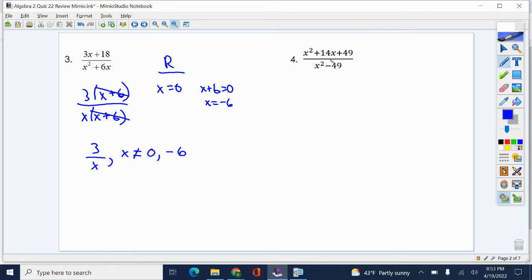The next one, numbers that multiply to 49 that add to 14 are 7 and 7. So x plus 7 and x plus 7. Underneath, numbers that multiply to -49 that add to nothing. There is no x. These are both squares. The square root of x squared is x. The square root of 49 is 7.